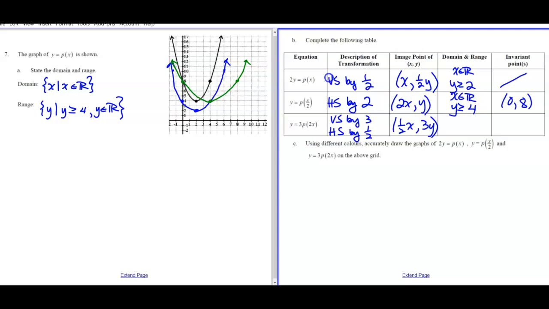Again, if your domain is all real numbers, or your range is all real numbers, and you're stretching it, it's still going to be all real numbers. In this case, the domain is. Now our range, all the points are stretched vertically by a factor of 3, so that y value 4 now becomes 12. So this is going to be y greater than or equal to 12.